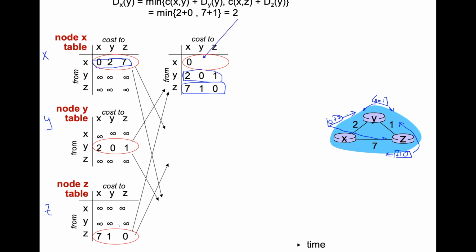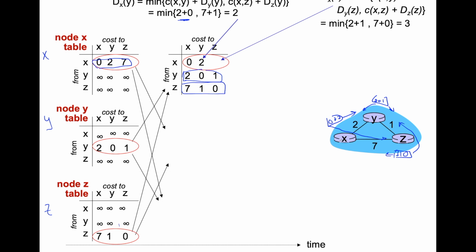Or I could get to y by going through this link, x to z, that's at a cost of 7, and then I go from z to y, that's at a cost of 1, or 8. So it's cheaper to go from x to y through that link to y, so that's going to be a cost of 2. And I have a cost of 2. That's the minimum.